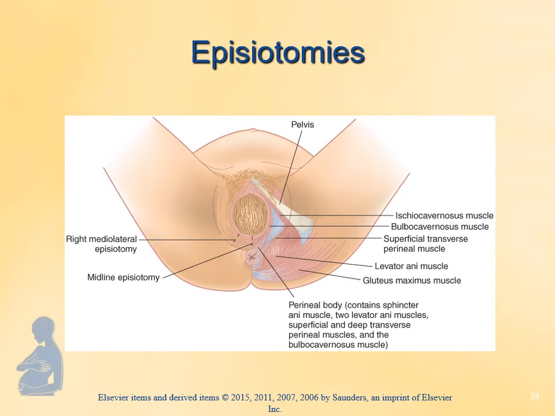So one of the benefits of making the cut off to the side is you're still enlarging the area, allowing for more room for that head to come out, but you decrease the risk of tearing down into the rectal area.